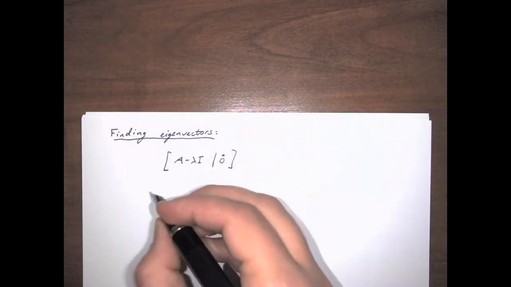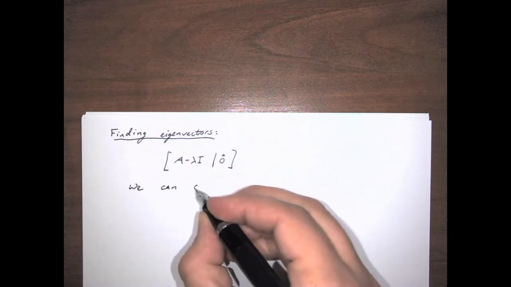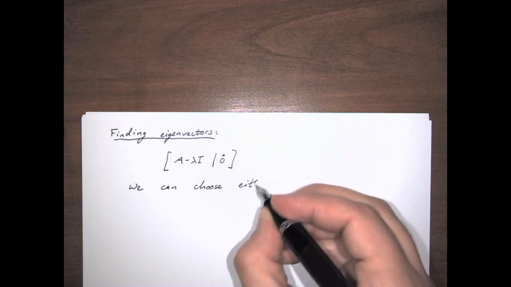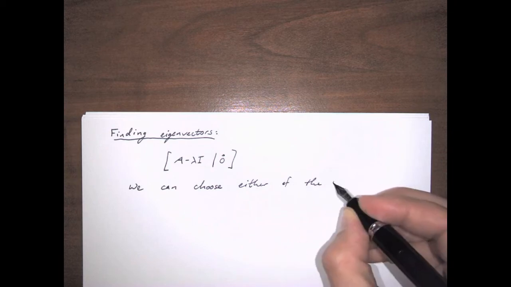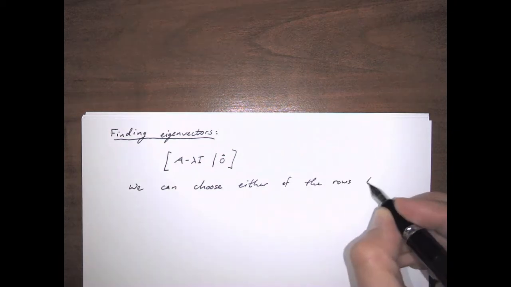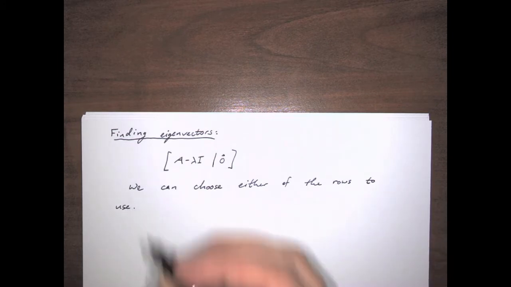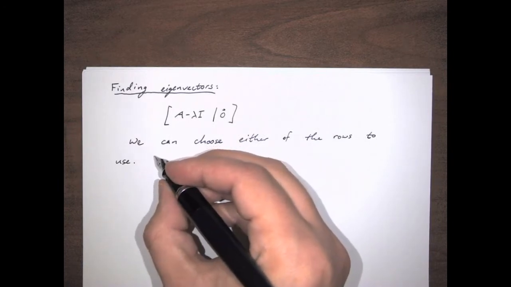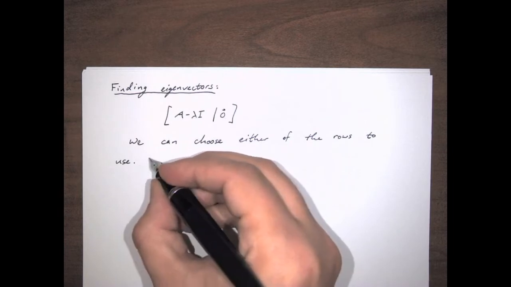Then we can choose either of the rows to use, and we will not do the row reduction that we typically do because it's a little bit too complicated here.